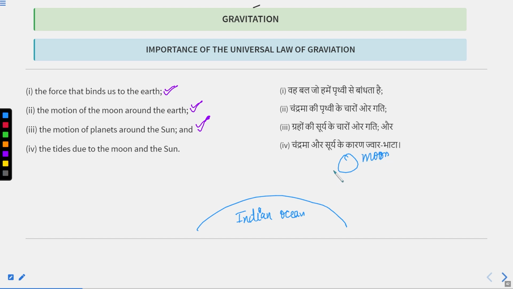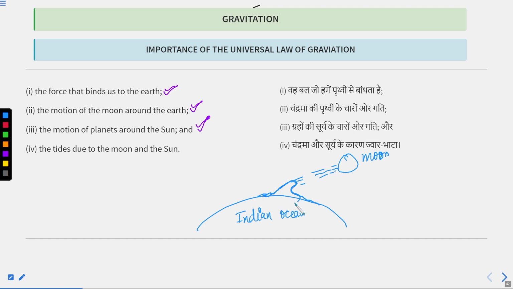The gravitational force of the Moon attracts the seawater towards it, and because of it, high tides are formed on the surface of the Earth. So gravitational force is responsible for the high tides on the oceans of our planet Earth.